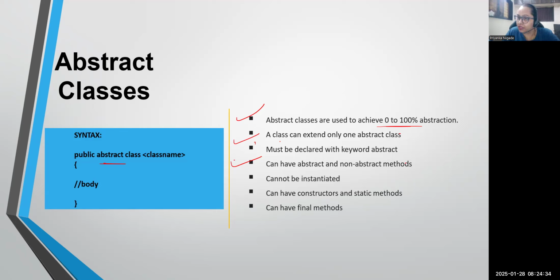It must be declared with the keyword abstract. It can have abstract and non-abstract methods, means methods which are fully implemented and methods which are not fully implemented. And objects are not possible for an abstract class. And we can have a constructor and static methods also. Even we can have final methods in an abstract class.